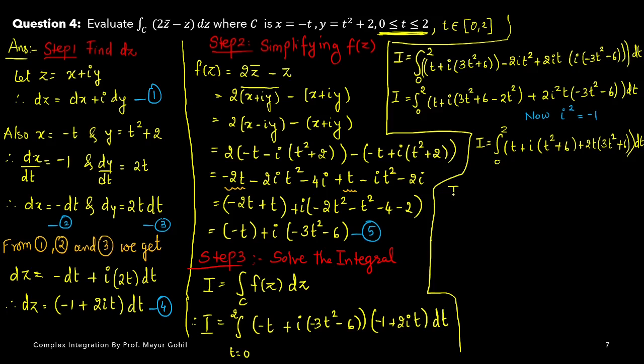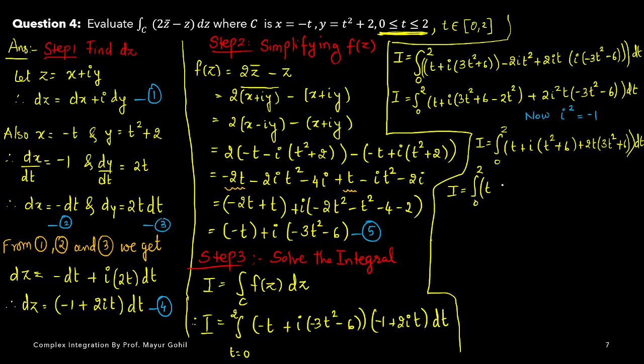So the integration I'll be doing the regular way. You can do it directly from the calculator, if your institution allows, or if it's allowed in your exam, then you can do it directly. I'll be doing the traditional way. Now this is t and this is 2t and everything is there.